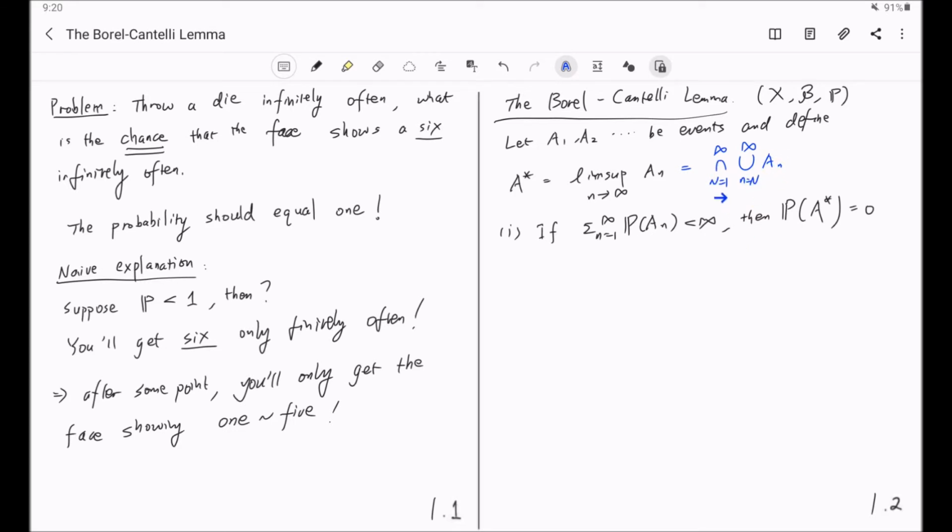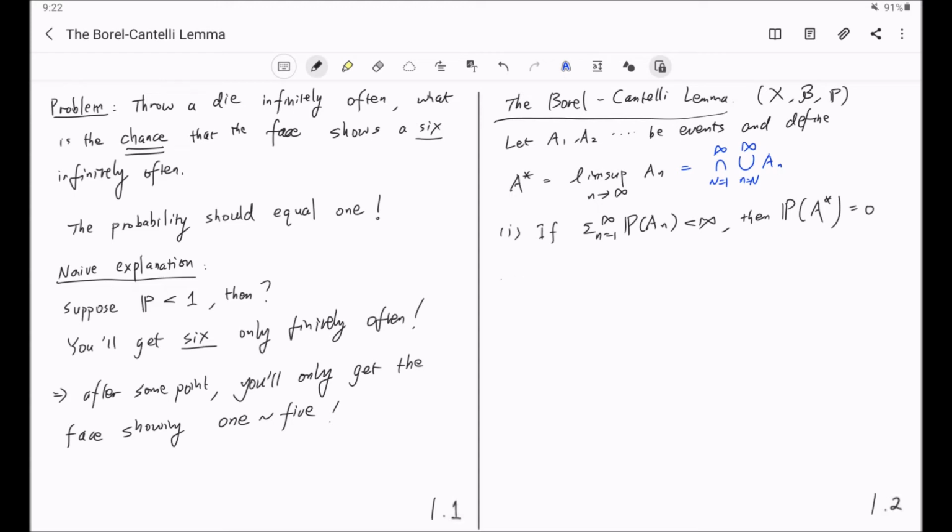That's the meaning of intersection and union. And the probability of A star being equal to 0 means that it is impossible for those events to happen infinitely often. So that is the first part of the Borel Cantelli lemma.